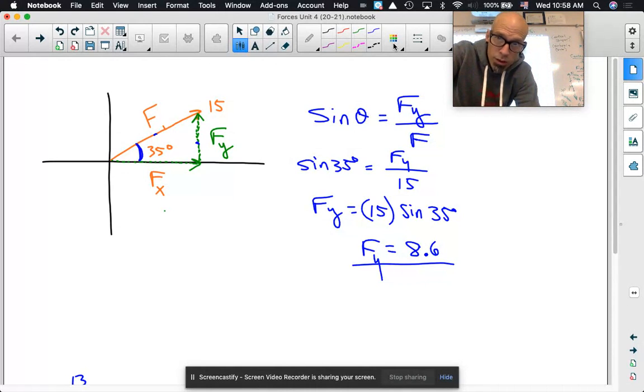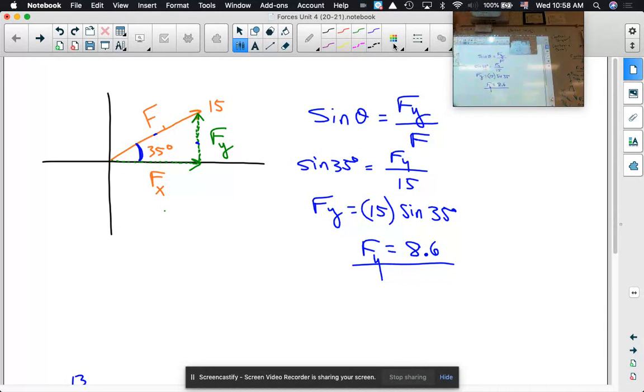Then we got the horizontal component. Well, if sine went with the vertical, then cosine here. So the cosine of this is talking about the adjacent over hypotenuse. So that means cos of theta is the adjacent, or fx, over the hypotenuse, which is just f. And so cos of 35 degrees is the x component over the 15, which is what f is.